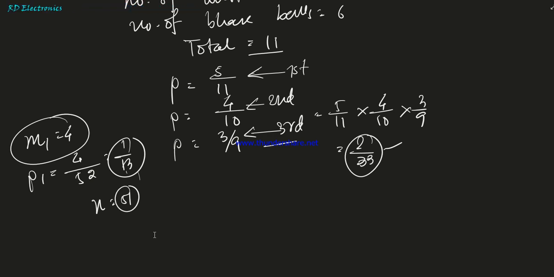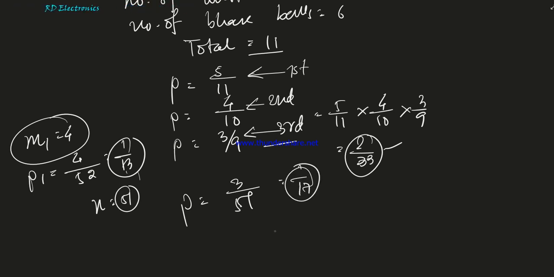So assuming that the first card is favorable, that is an ace, the number of aces left in the pack is 3, therefore the number of ways favorable to the second event, that is the second card draw, is equal to 3. It is not equal to 4 because the first ace has come out, therefore in the second case the probability equals 3 by 51, that is 1 by 17.